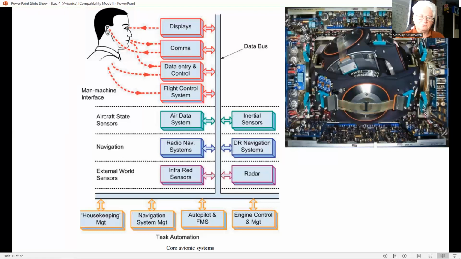Accurate attitude and heading information are also required by a number of avionics subsystems which are essential for the aircraft's mission. For example, the autopilot and the navigation system, and weapon aiming in the case of military aircraft. The attitude and heading information is provided by the inertial sensor system.